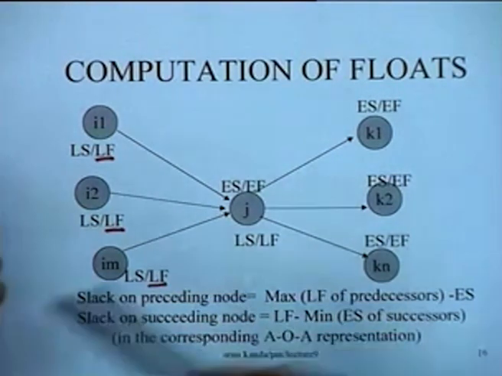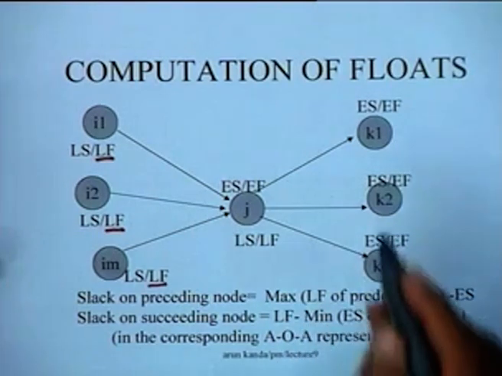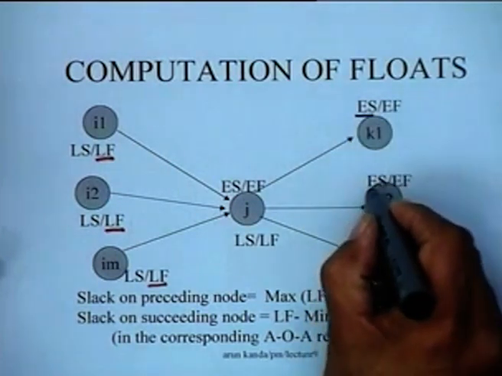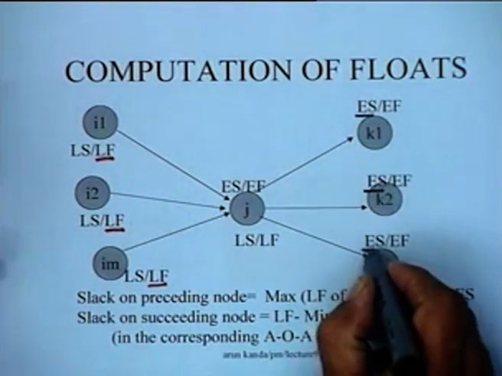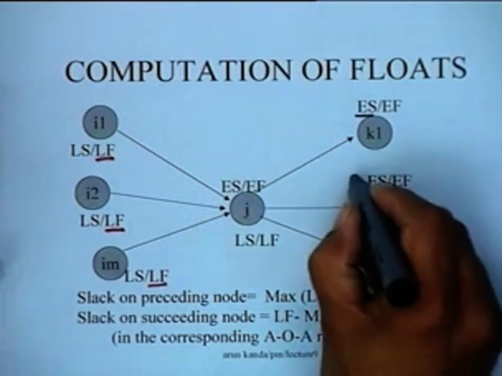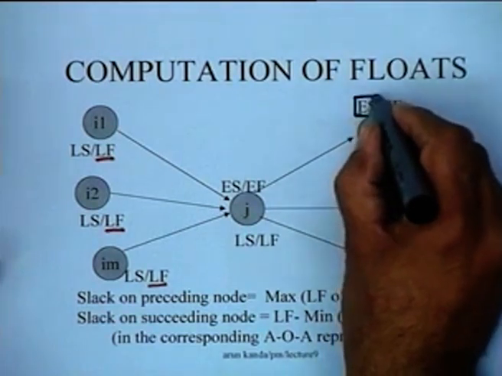Similarly, if we have to find out the slack on the succeeding node, we have Lj, which is LF. We have Lj, we need Ej. The earliest occurrence time would be nothing but the earliest start of the successors. So you look at these successors and you find out the values here, this particular value, this particular value, and this particular value here.